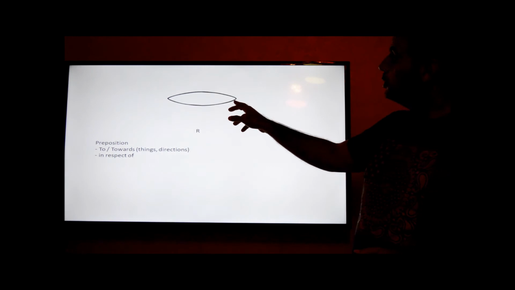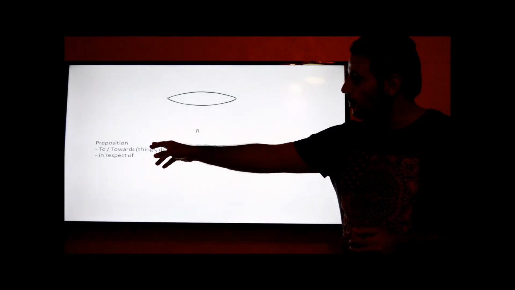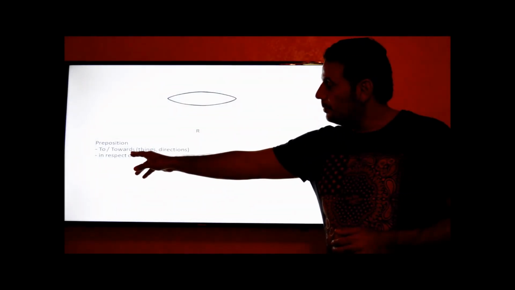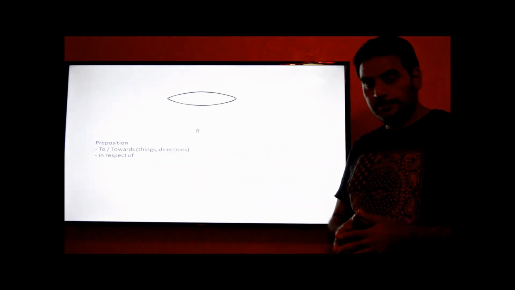Are: if we say to something, or to a place, or to a direction, we use are, we don't use in anymore. So in is for human or people, are is for places or things. It is also a preposition, and it means to or towards or in respect of.